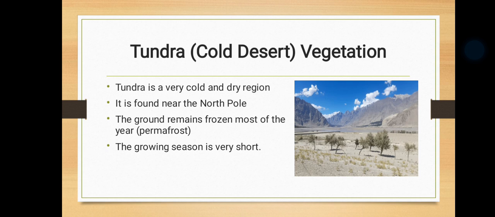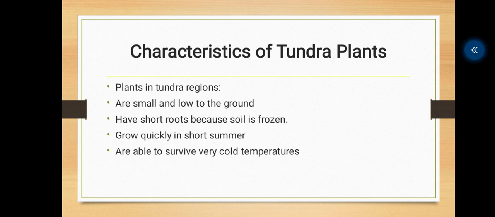Now let's move towards the characteristics of tundra plants. So plants in the tundra have a special adaptation. They are usually small and grow close to the ground to protect themselves from strong winds, and also their roots are short because the soil is frozen.